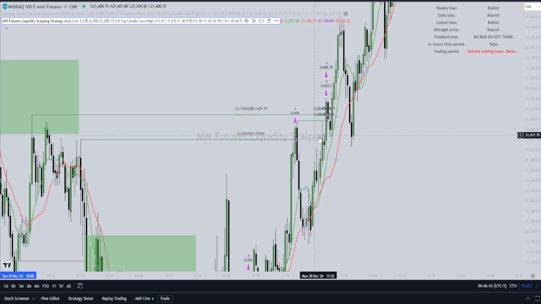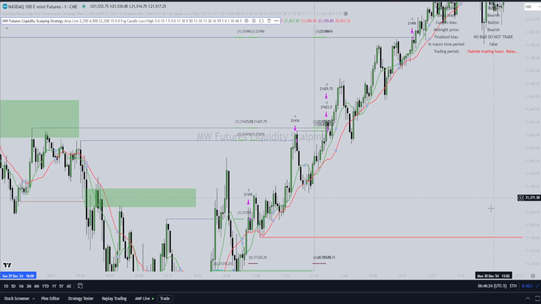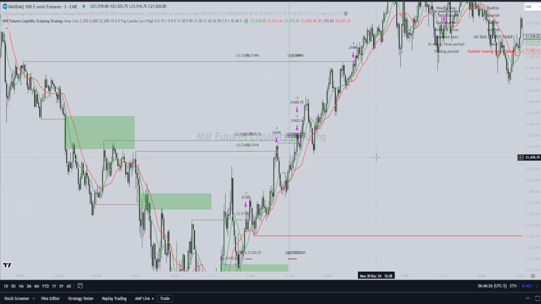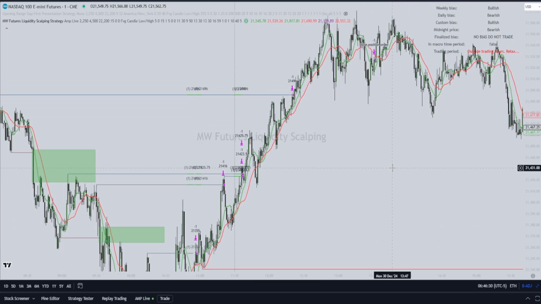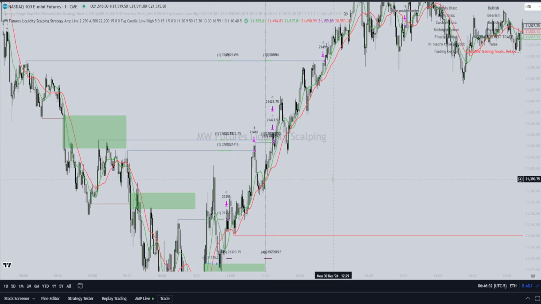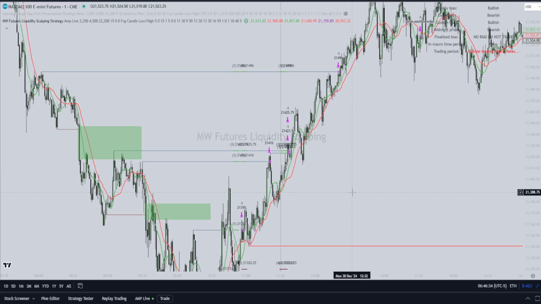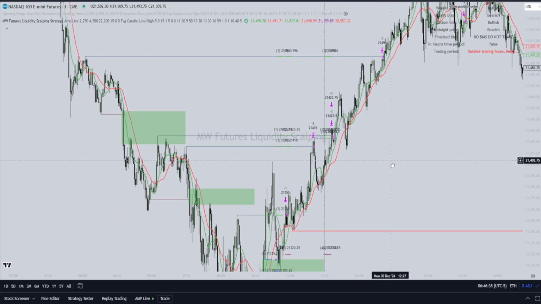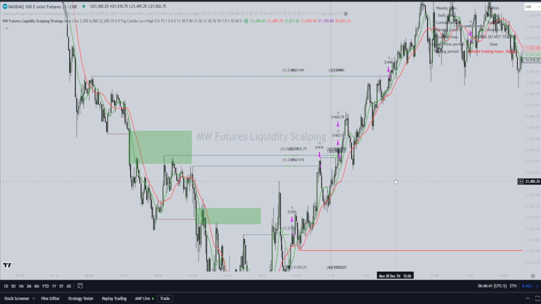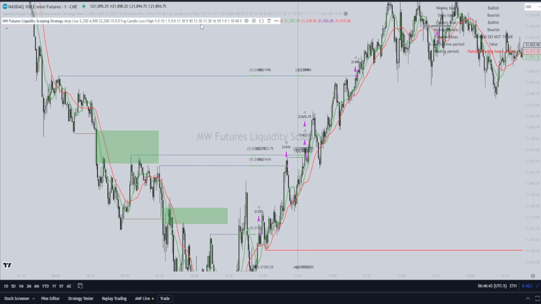So at 11:30, at 11:29, a new liquidity pool has been drawn, and you see that an actual partial is being taken right now. So based on this time setting alone, a lot of things will change in your model, because this strategy is designed to search for the nearest liquidity pools to take partial profits at.